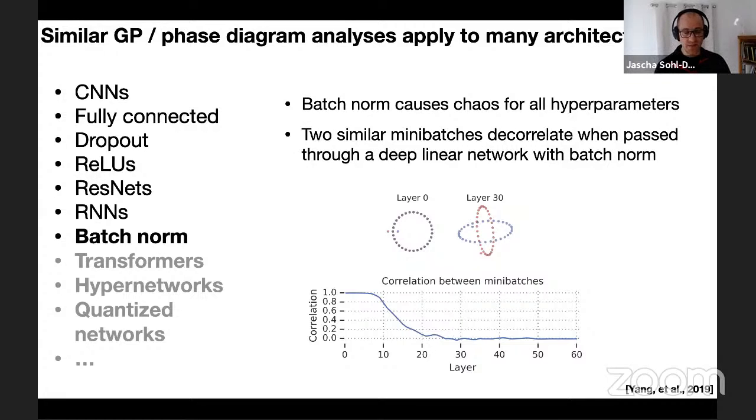So if you have a very deep network with batch norm at every layer, then at initialization, your network is effectively a hash map, and this falls out of the GP phase diagram style analyses that I just showed for a couple of networks.